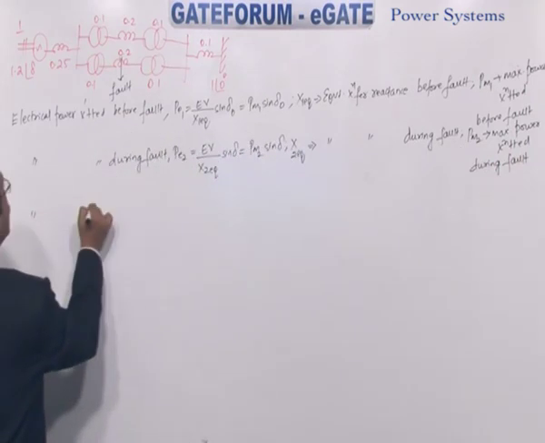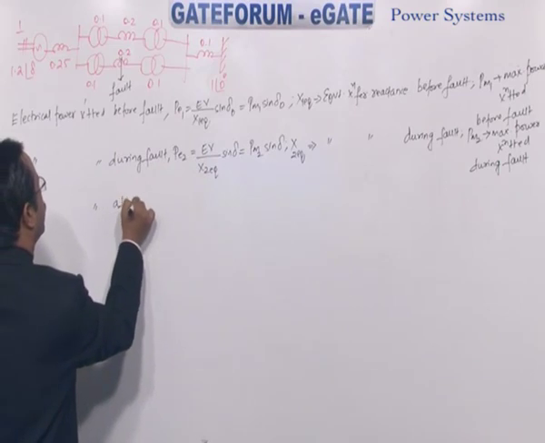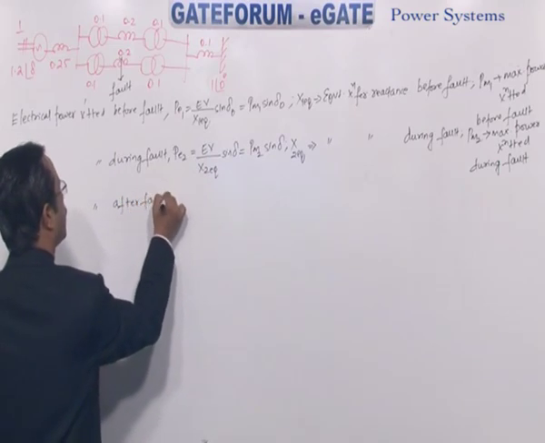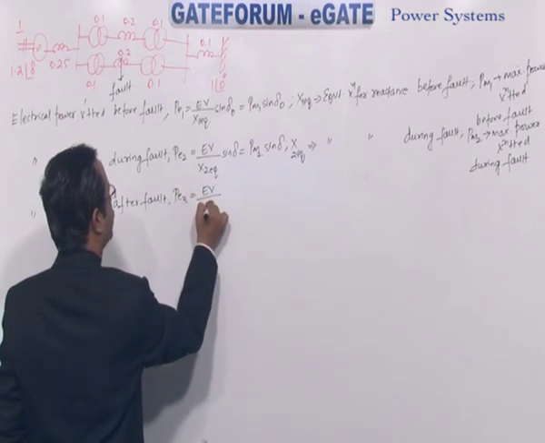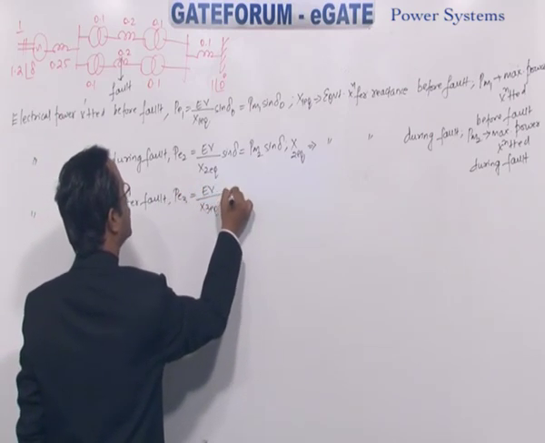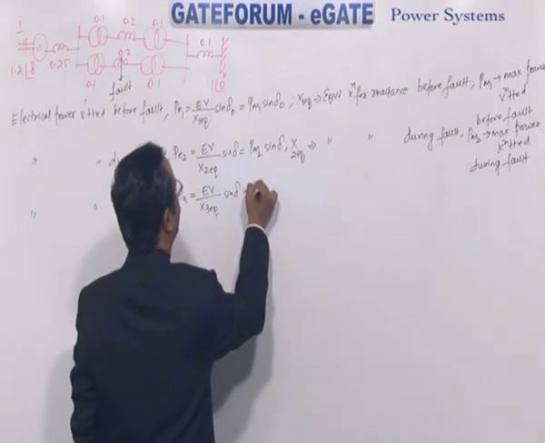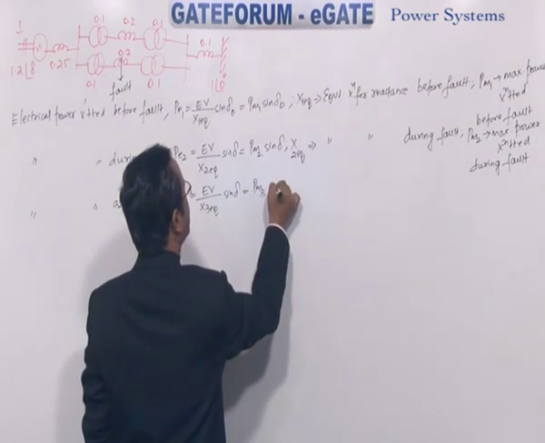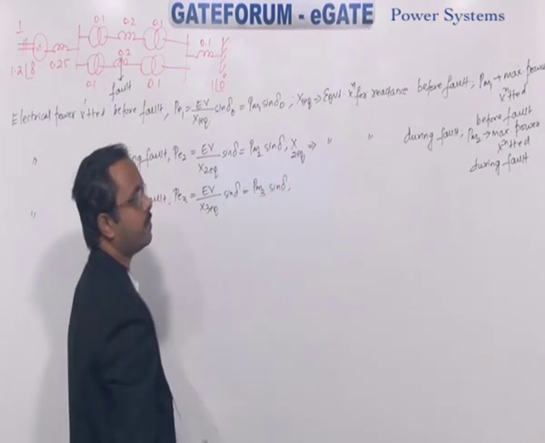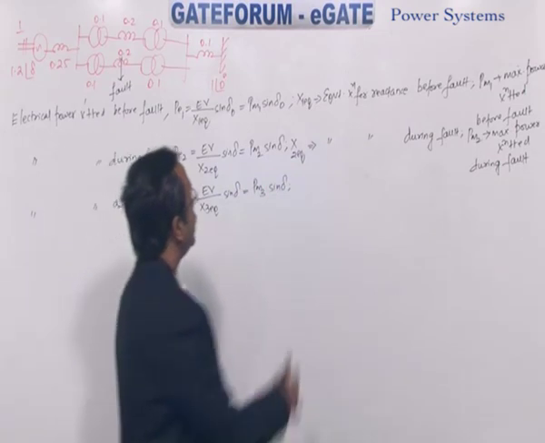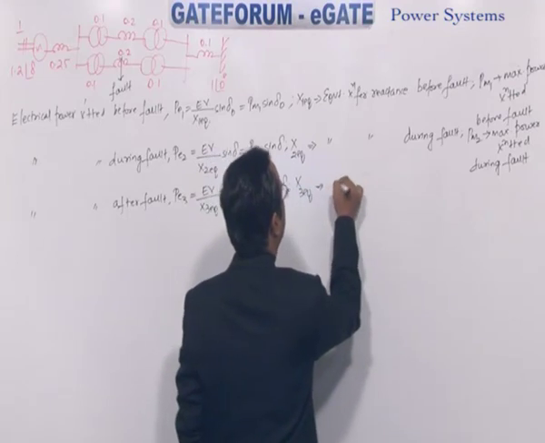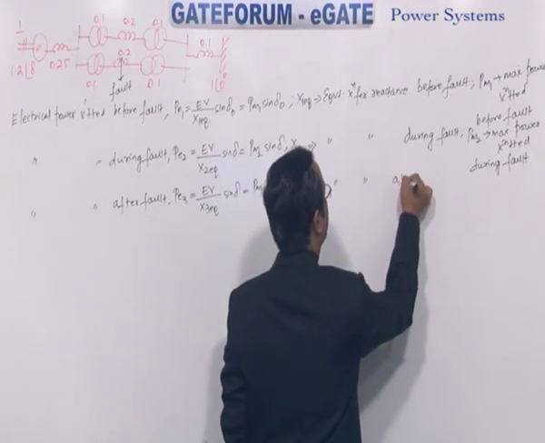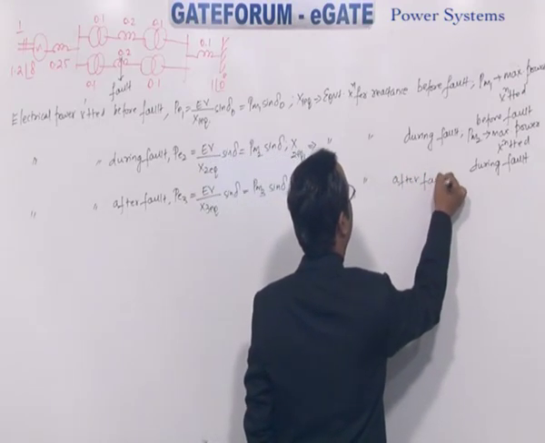Next one is the electrical power transmitted after fault. PE3 is EV by X3 equivalent sine delta, so you mention it as PM3 sine delta. And in this notation, X3 equivalent is the equivalent transfer reactance after fault.